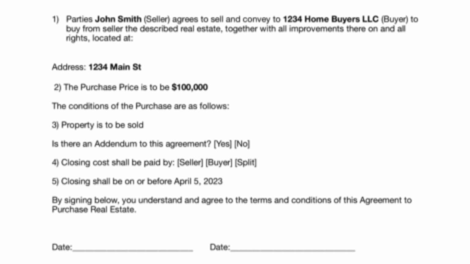So looking at this purchase agreement, it pretty much has everything that you would need to purchase a piece of property. It has the seller's name, the buyer's name, and then obviously it has the address and the purchase price and the closing date. And then at the bottom, you'll see it has a place where you can sign and date this purchase agreement.